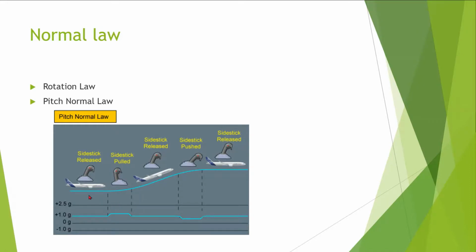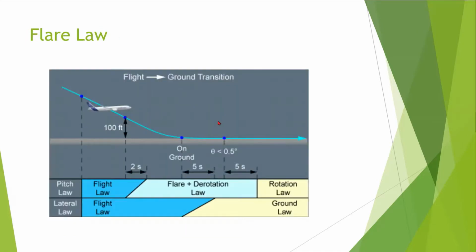So as we can see here, the pitch normal law. And secondly, we have a flare law, also to provide an aircraft behavior similar to that of a conventional aircraft during the flare, to enable precise control of vertical speed and touchdown point. This is when the aircraft tries to land at the airport.